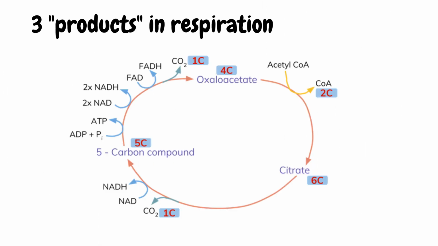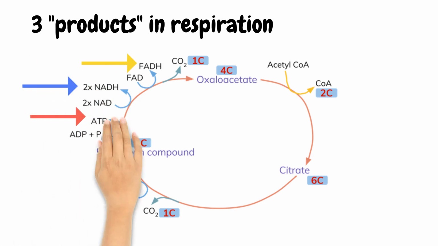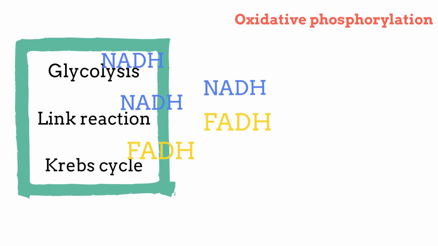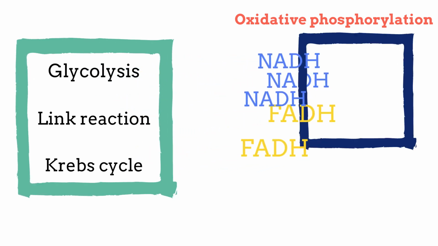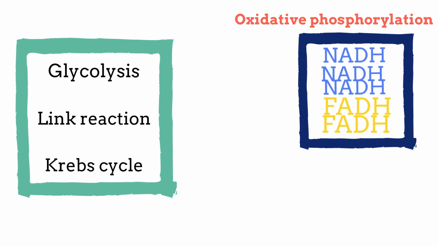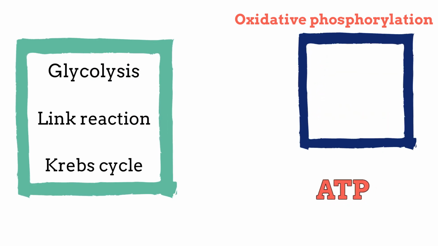In respiration, there are three types of products that we can get out of glucose: ATP, reduced NAD, and reduced FAD. The reduced NAD and reduced FAD are eventually going to be converted into ATP in oxidative phosphorylation. So the only real product of respiration is ATP.